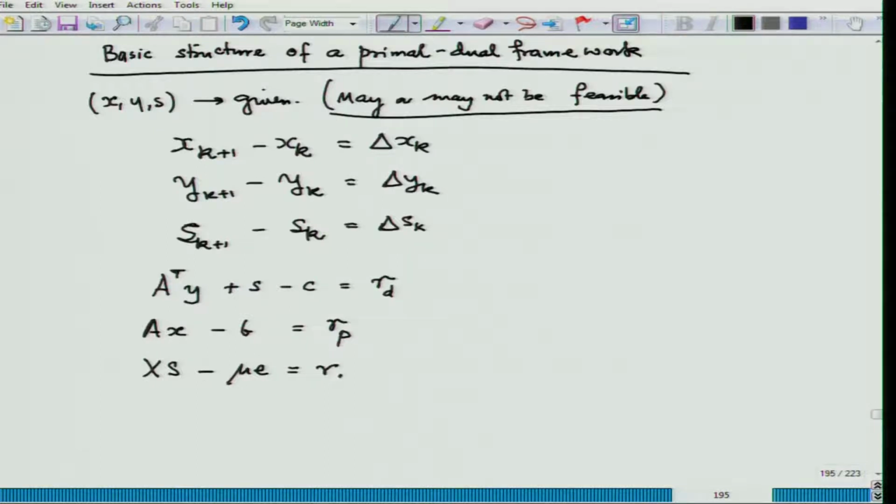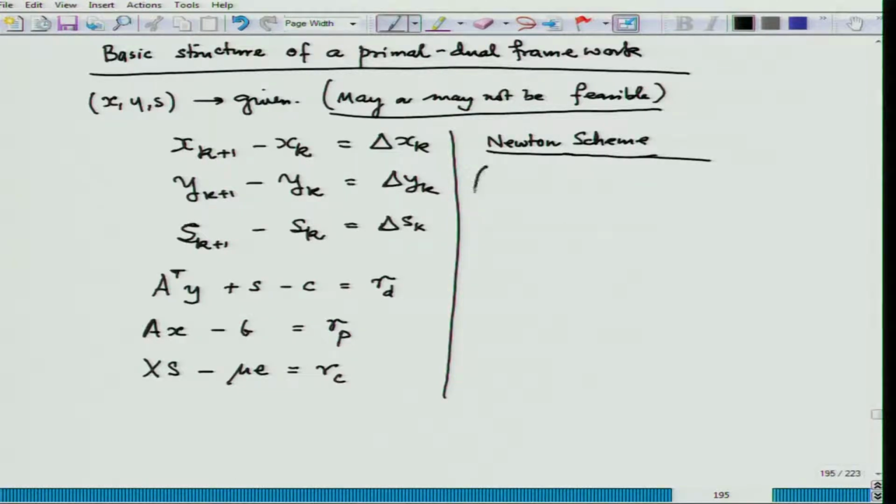Excess mu is R C. So, our Newton's equation is of this form in general. Or the Newton scheme rather, I should say. If you are a little bit more erudite, you will say it is a Newton scheme.